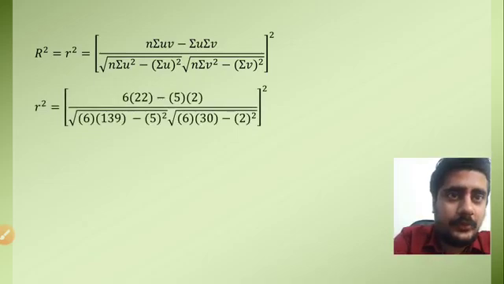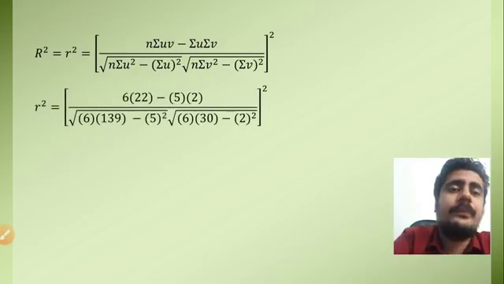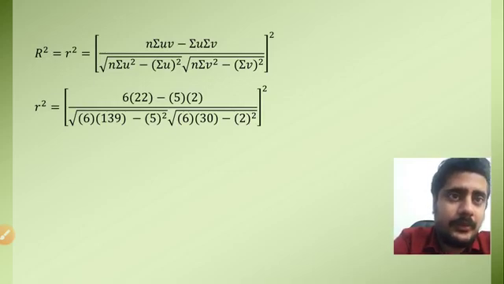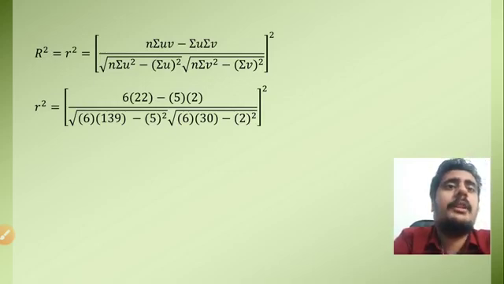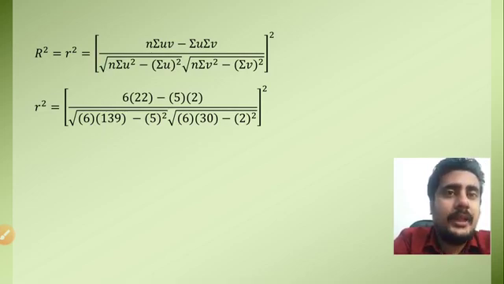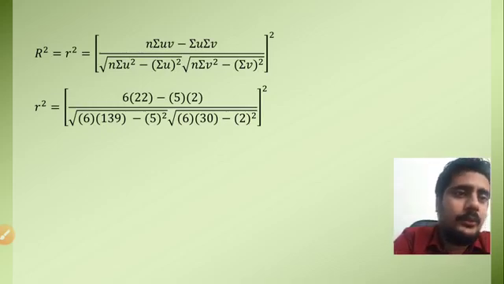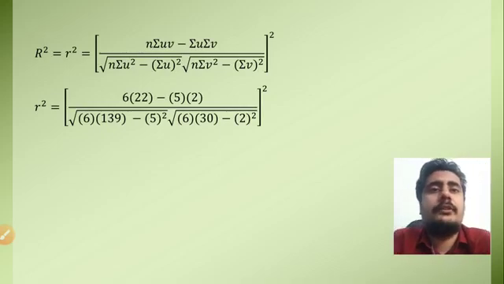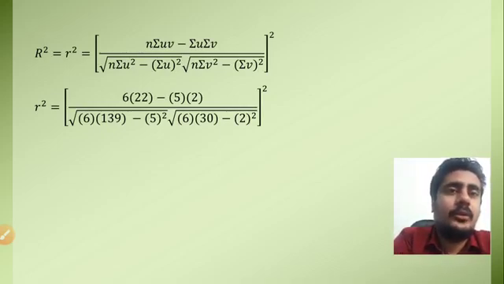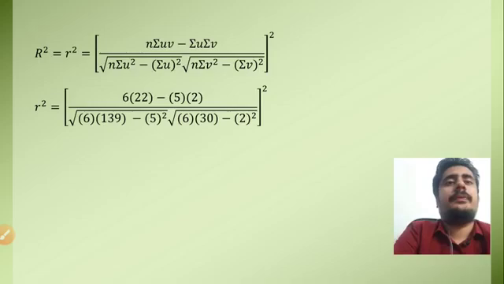Now put the values. n is 6, sigma uv is 22 minus sigma u, which is 5, into sigma v, which is 2, upon root of n, 6, into sigma u square 139 minus sigma u whole square, that is square of 5, then root of n sigma v square, n is 6, sigma v square is 30 minus sigma v whole square, that is square of 2.